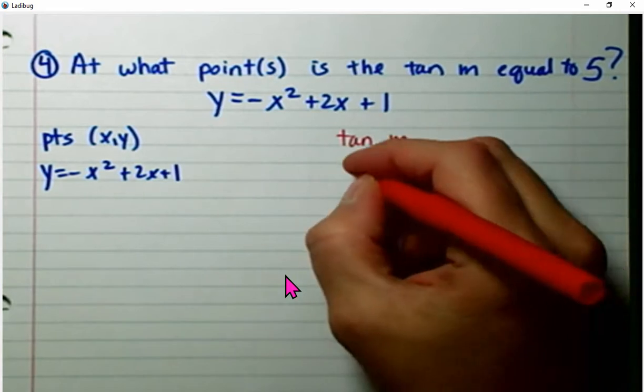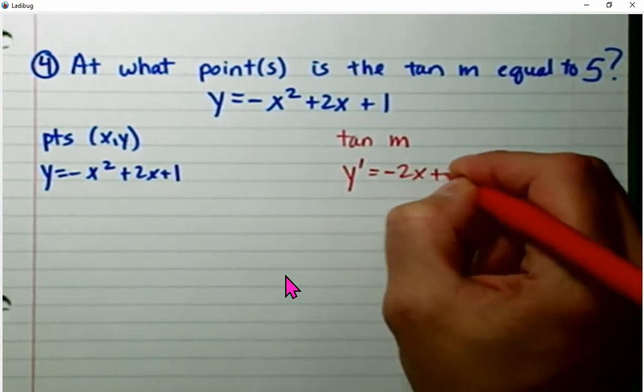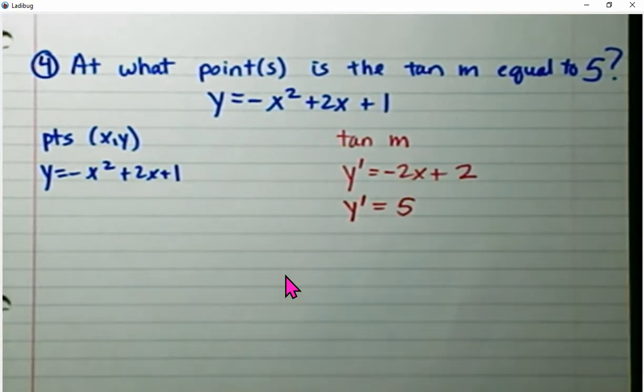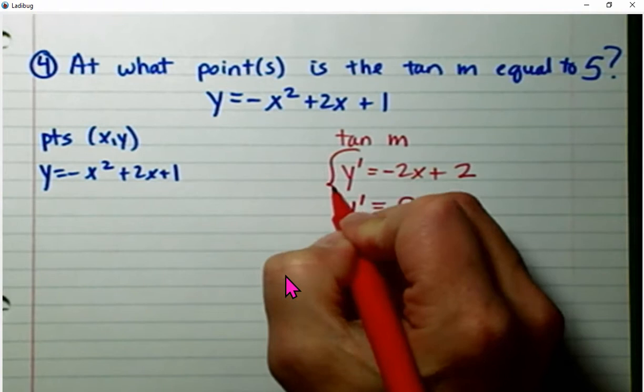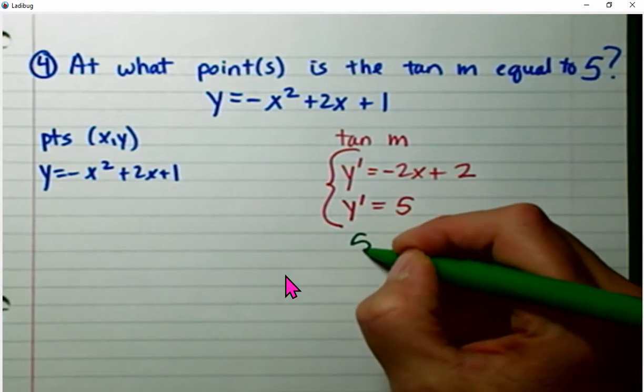Just dividing information up. Okay, that's everything I learned from the problem. The only piece that has more than one thing to work with is tangent slope. That creates a system for you to solve.